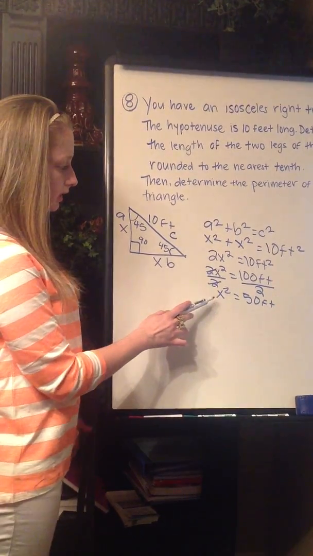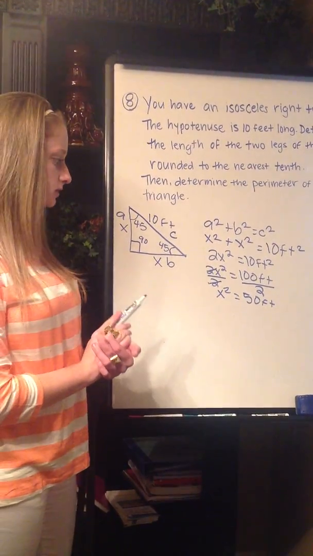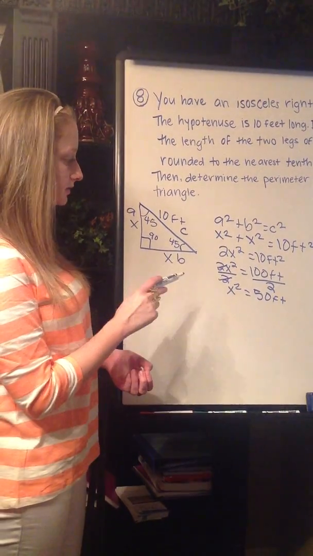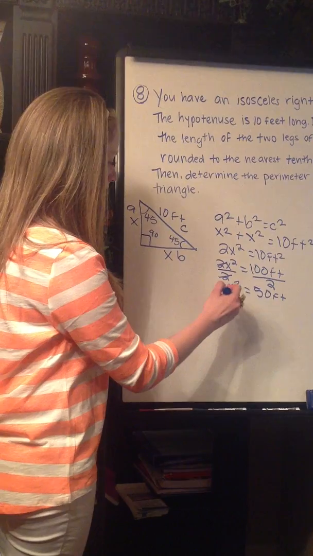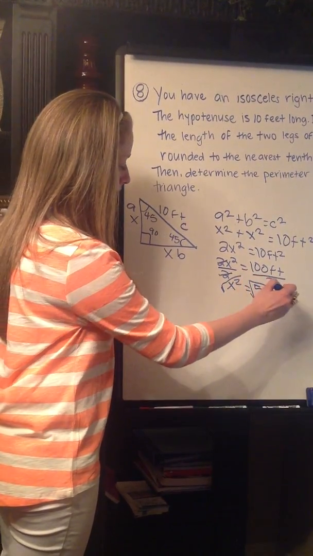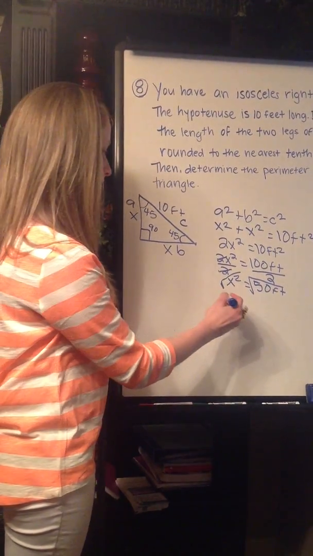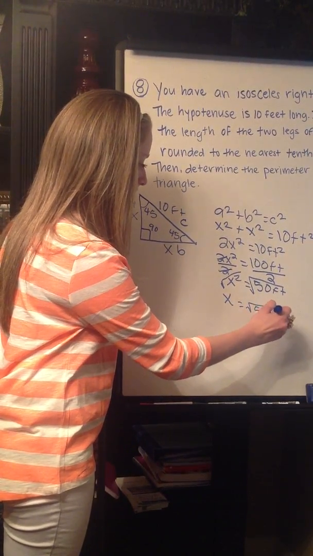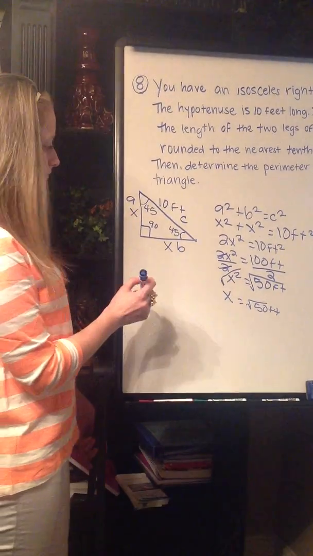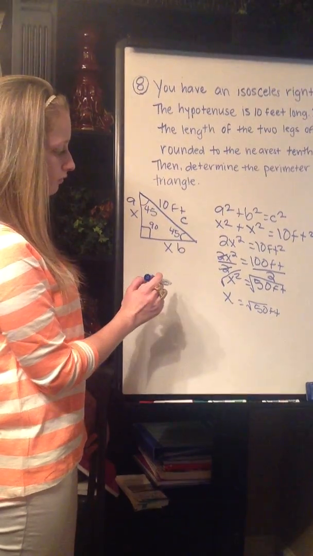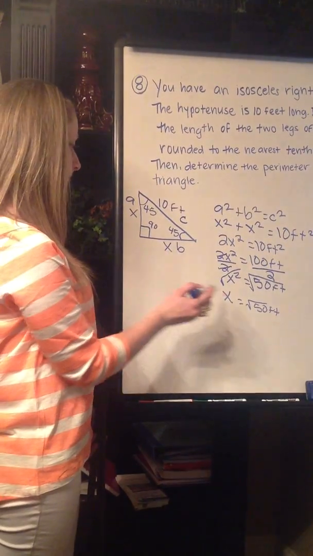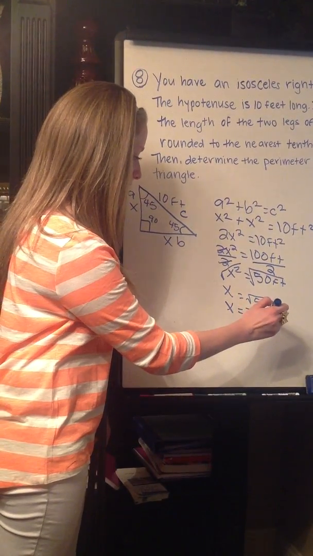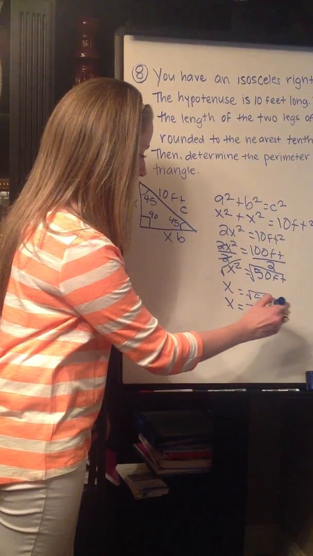Now we need to get just x, not x squared. So in order to do that, we must find the square root of both x squared and 50. So when we take the square root of x squared and the square root of 50, we have x equals radical 50 feet. Now, when we solve for radical 50, x equals 7.07 feet.